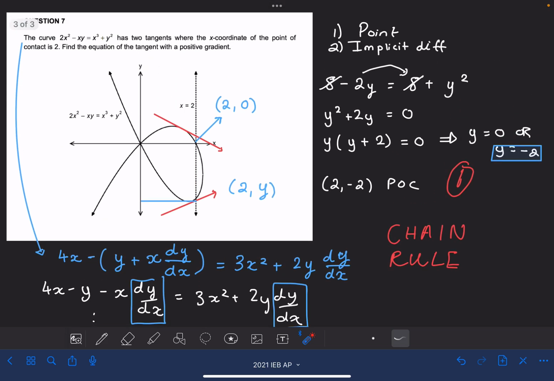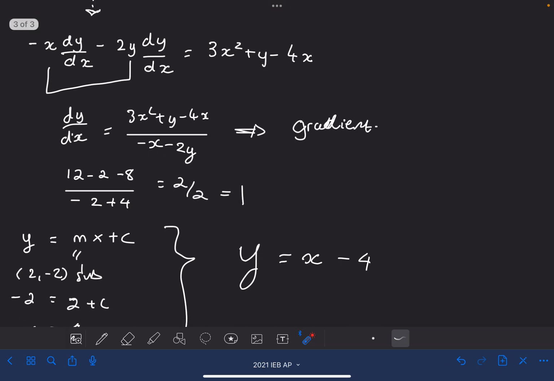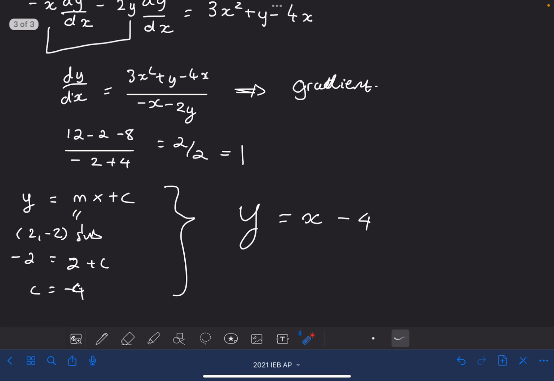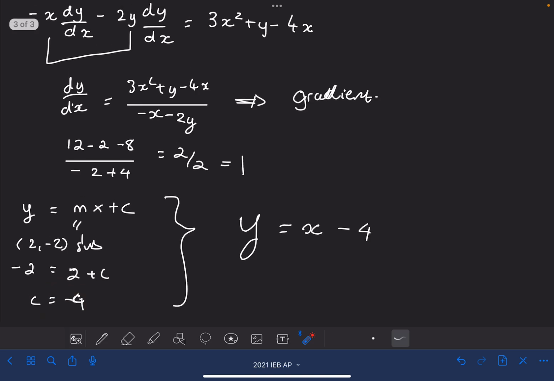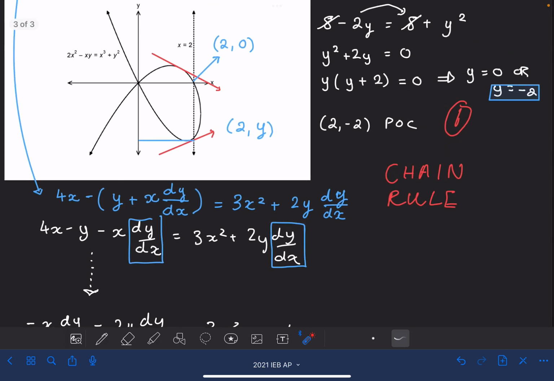We in general know that in order to define a line in the Cartesian plane, we require the gradient and y-intercept. Once we've found the gradient, we're only left with one missing piece. Since we have two points, an x value and a y value, and the gradient, we're only left with the unknown being the intercept. Once you substitute in those x and y values, it becomes much easier to find that y-intercept. Then we substitute it back in and we find the equation of the tangent line, which was asked.